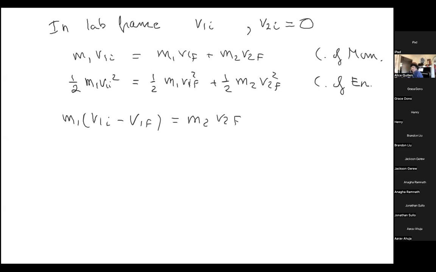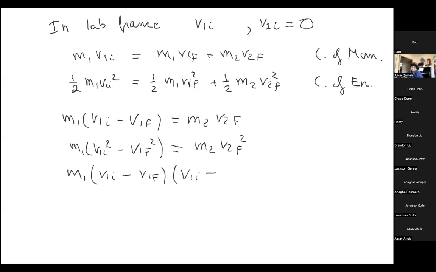And then the second equation, get rid of these halves, they're kind of boring: m1 (v1i squared minus v1f squared) is equal to m2 v2f squared. But I can write this as (v1i minus v1f) times (v1i plus v1f) times m1. So I just took this difference of squares and wrote it as a sum and a difference of terms.